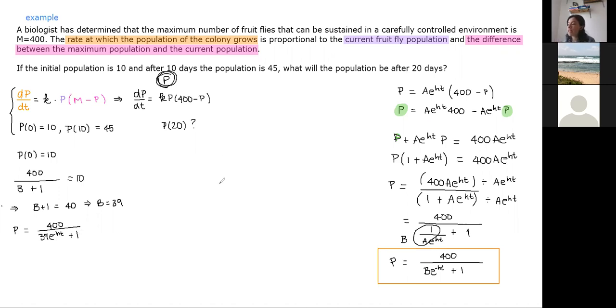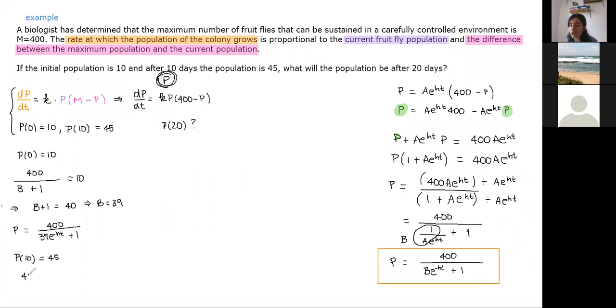And now I have to find the value of h, which is the only constant, the only piece that I don't have for my function. So I'm going to have to use the second piece of information that I was given, which is that p of 10 is equal to 45. So p of 10 is equal to 45, means that when I plug in 10 into this expression, I should get 45.